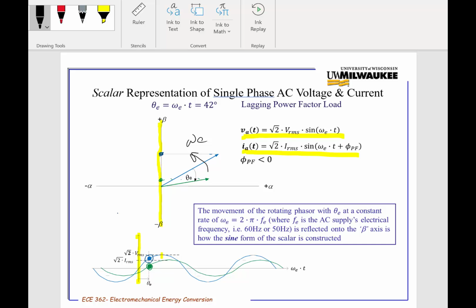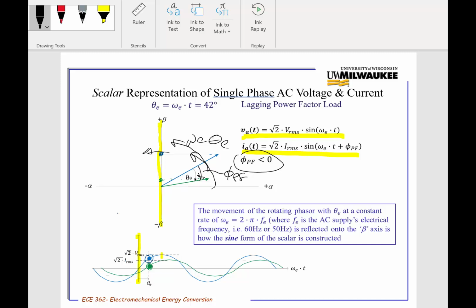The voltage is going to hit the beta axis first, followed by the current. So this is a lagging power factor angle. And we can also see that if we assume that the theta e direction that we're moving is in the counterclockwise direction, then I'm showing this phi pf like this. It's a negative angle, so it's a lagging power factor.